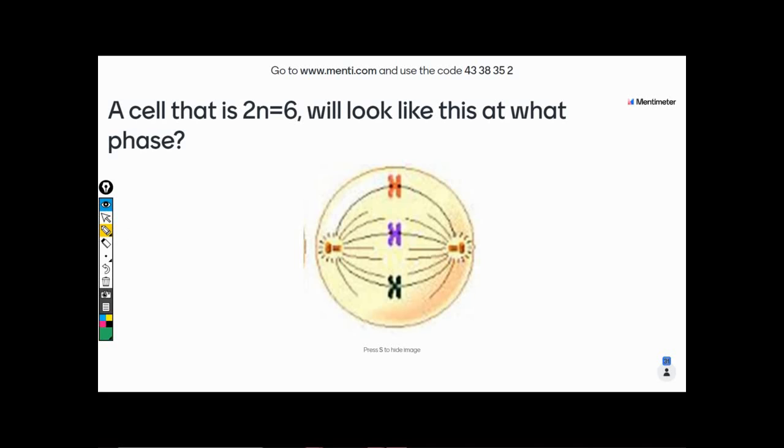First off, we know how to identify meiosis 1, so let's just see if it's that, right? How do I know if it's meiosis 1? What was our big feature of meiosis 1? Homologous pairing, right? Good. Do I have homologous pairs up here? No, right?